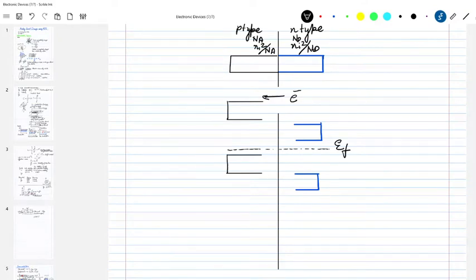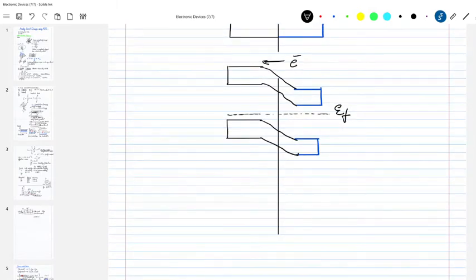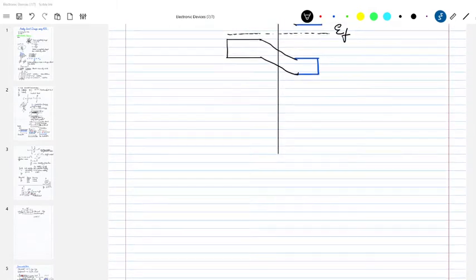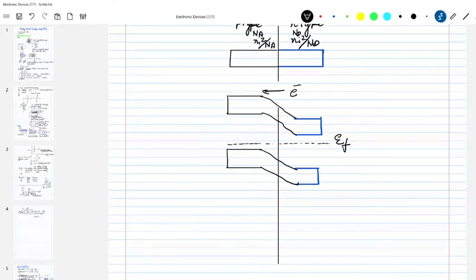And then you have this. Okay, so it's ugly, but it's okay. So what has happened over here is electrons have moved based on energy so as to balance the energy. This is known as diffusion current.